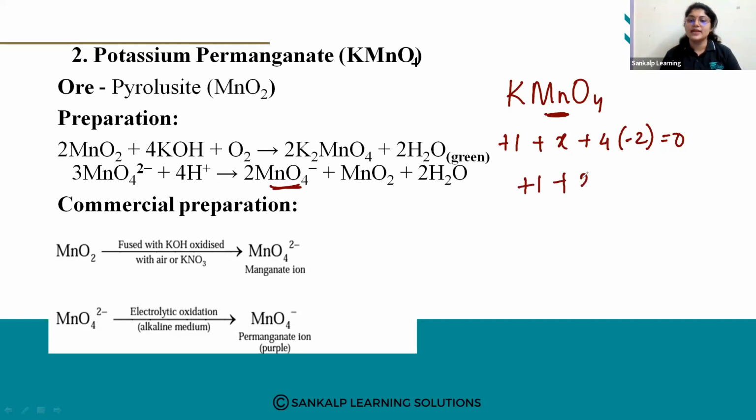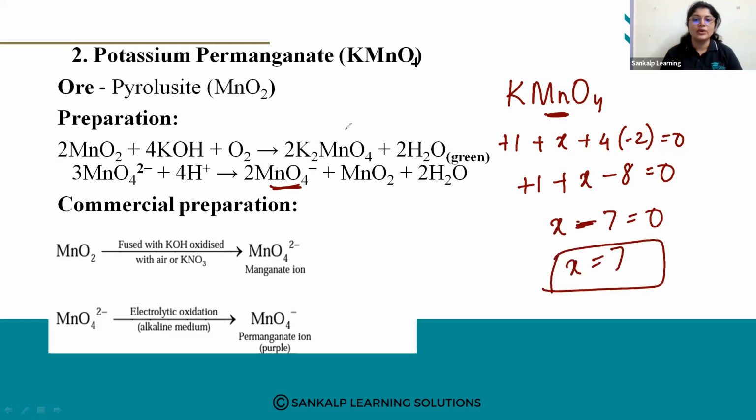Plus 1 plus x minus 8 is equal to 0. So x minus 7 is equal to 0, x is equal to 7. So potassium is plus 1, Mn is x, and each oxygen is minus 2.